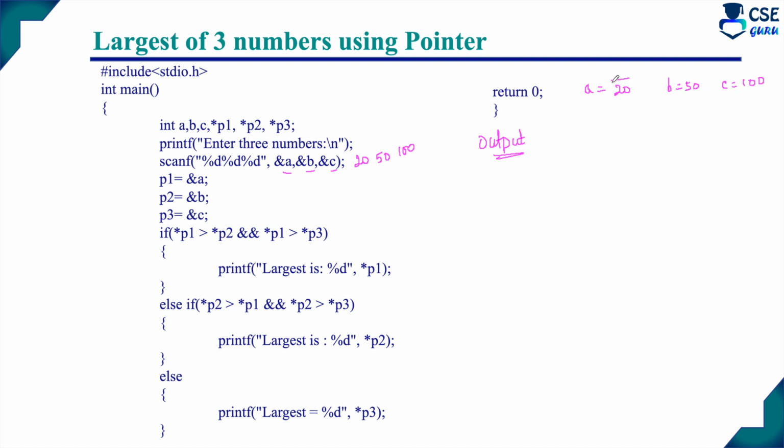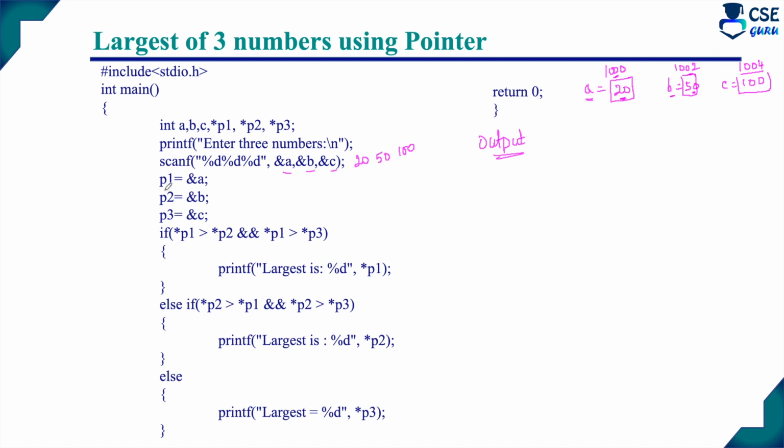Considering memory locations, for example, I am giving this as 1000. Since it is an integer variable, it will occupy 2 bytes of memory. This is 1002 for B and 1004 for C. So this is the variable, this is the value, and this is the memory location: variable, value and memory address of this variable.